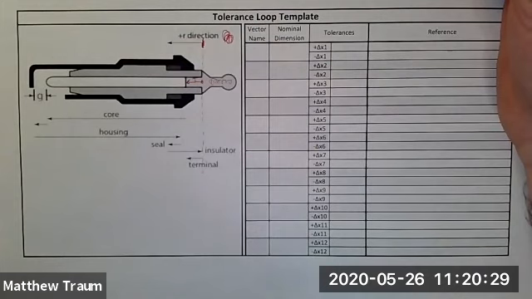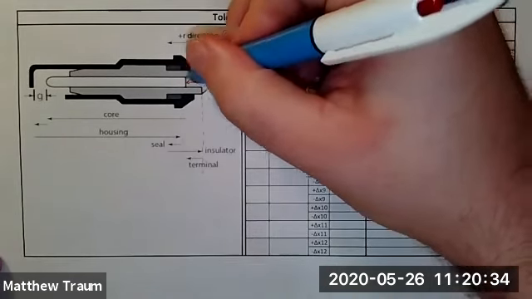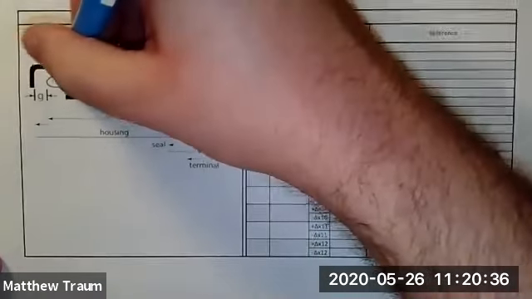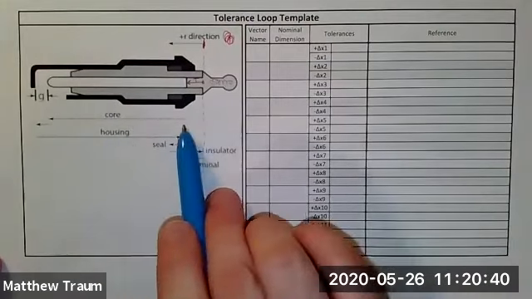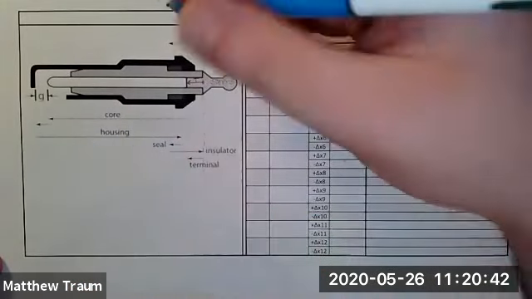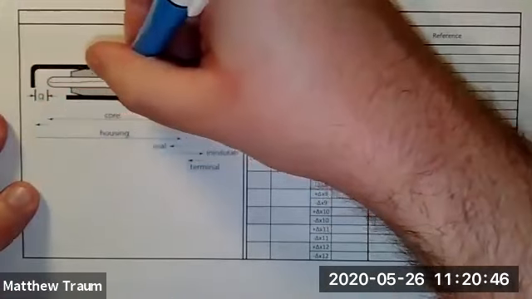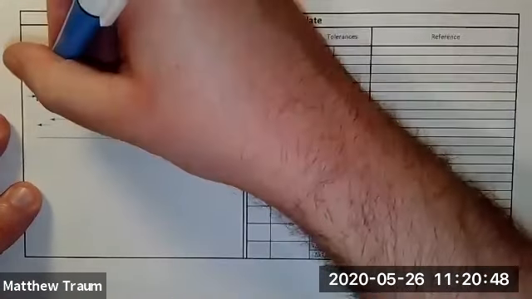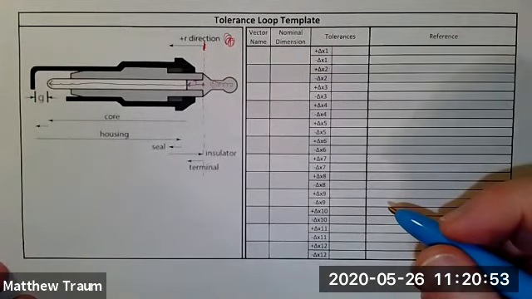So that's the first one. And then I want to go from the terminal into the core. The core is this big white section here, right? And so we've got sort of a hint that that's the vector associated with the core. So I'm going to draw a second vector there in the core.